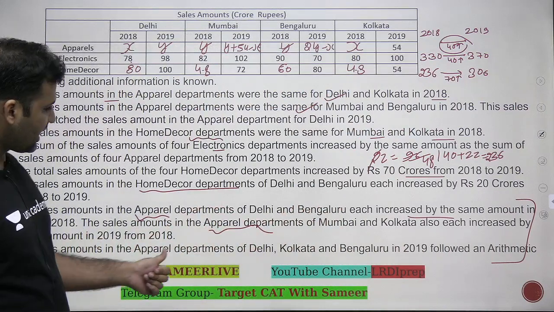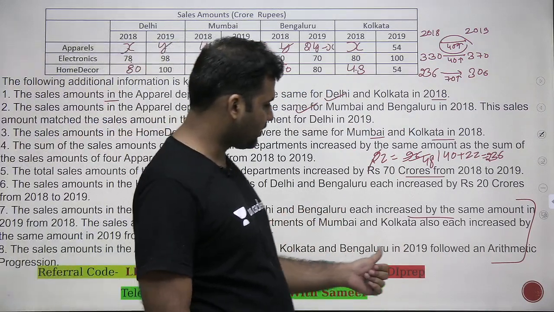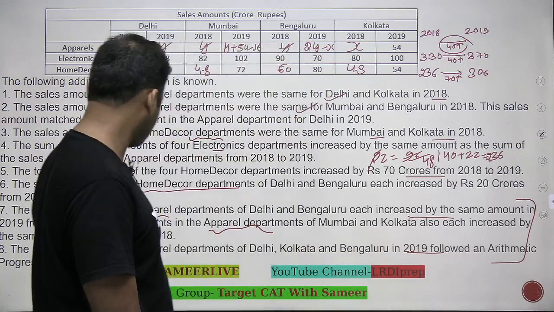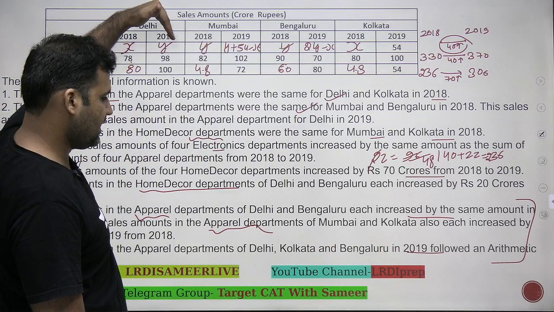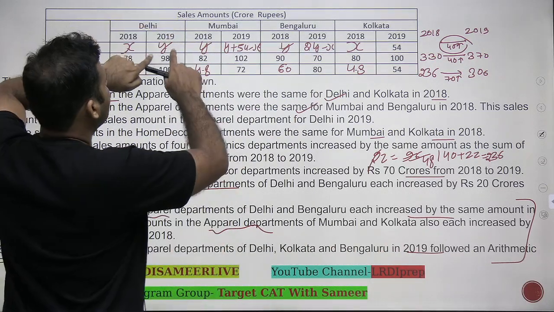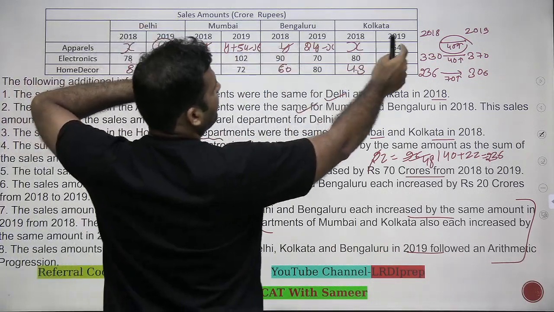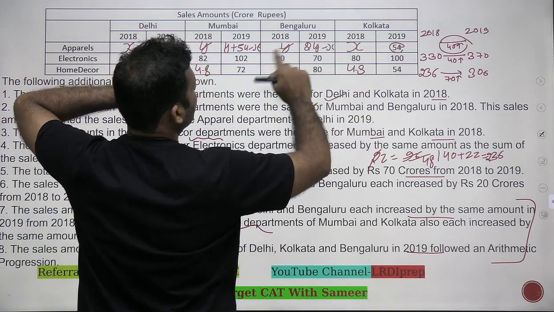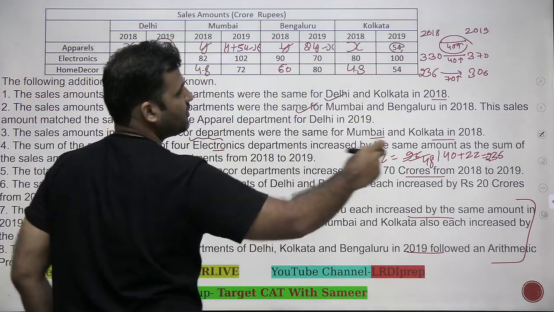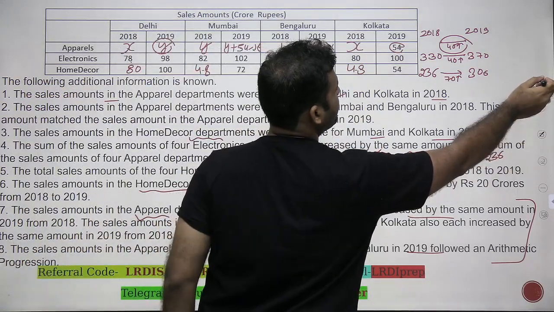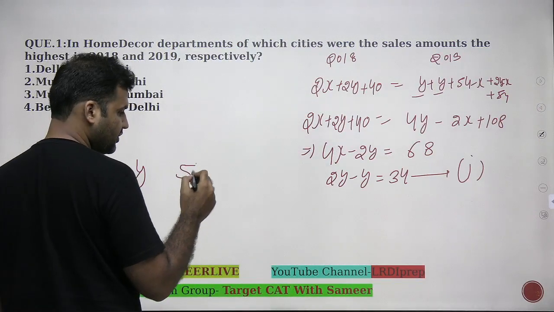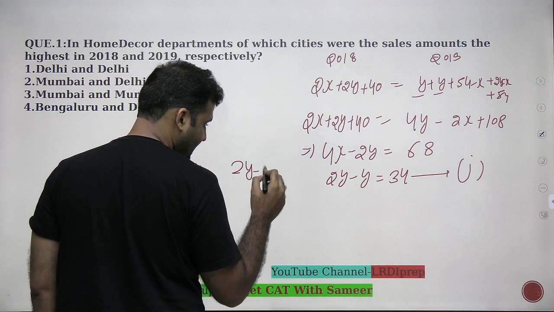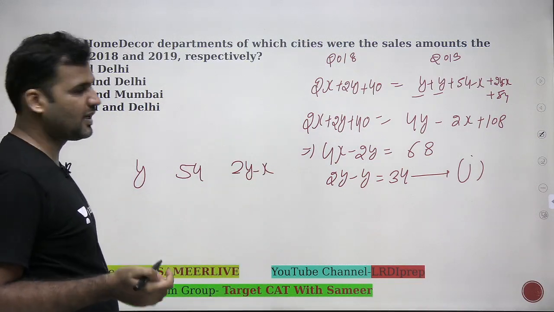The sale amount in the apparel department of Delhi, Kolkata and Bangalore in 2019 followed an arithmetic progression. So in 2019, Delhi's sale is y, Kolkata is 54, Bangalore is 2y minus x. It's making an arithmetic progression: y, 54 and 2y minus x. What is an arithmetic progression?